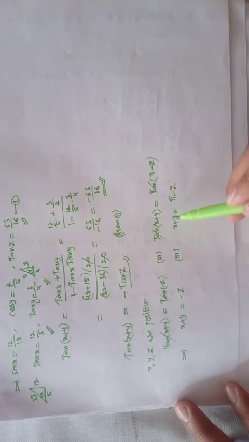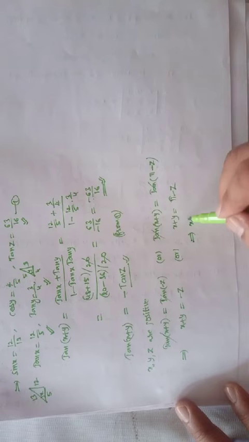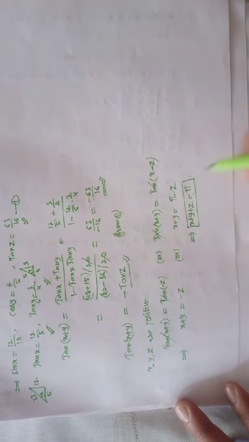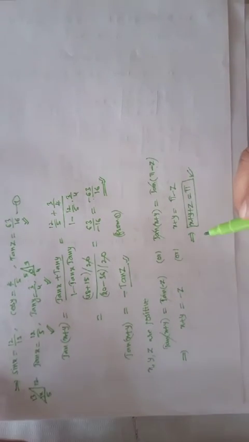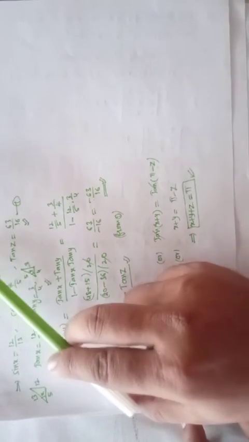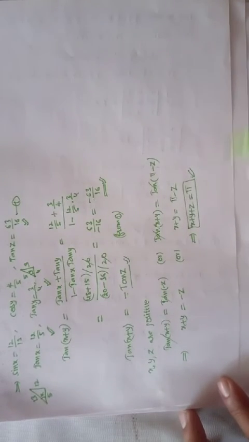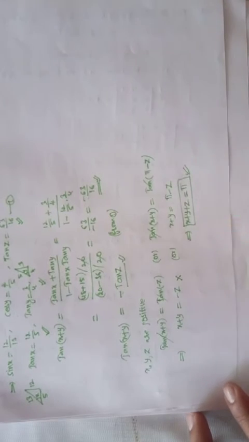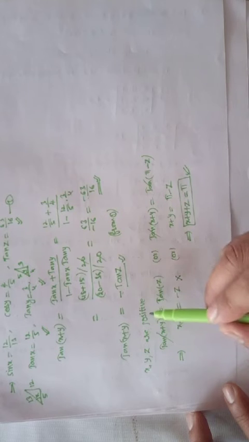Send this minus z to the left hand side. X plus y plus z is equal to pi, and x is nothing but sin inverse 12 by 13, cos inverse 4 by 5, tan inverse 63 by 16 is equal to pi. And why is this first case not considered? Because x, y, z all are positive.